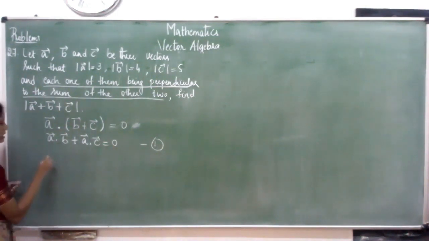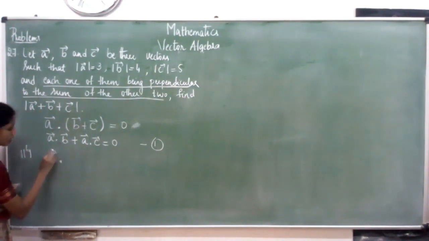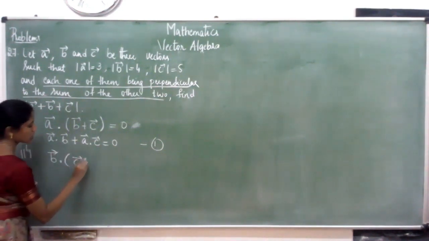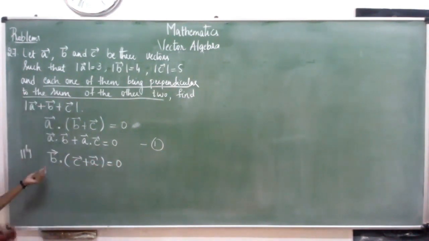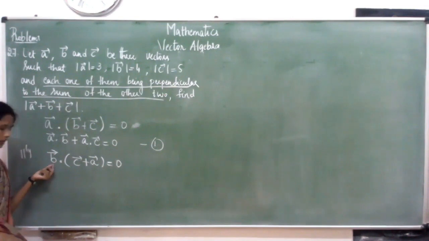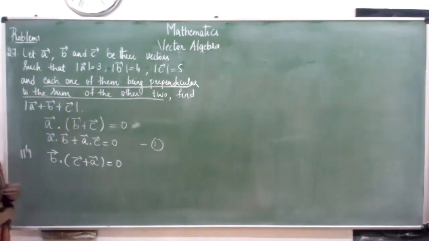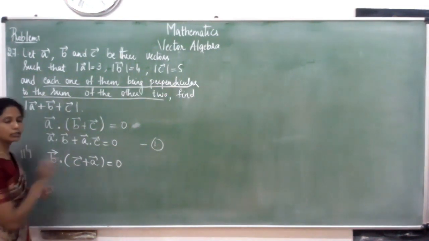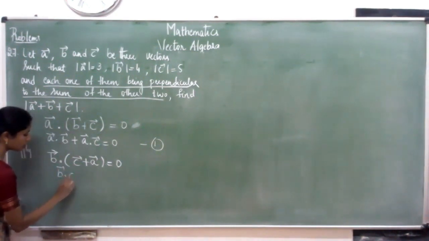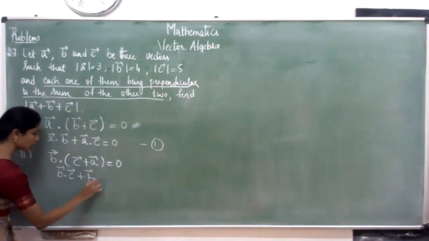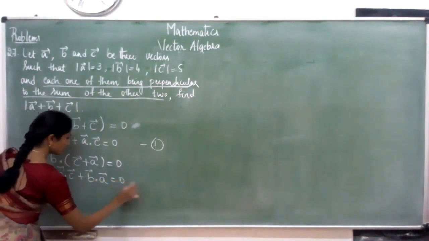Next, similarly, we can write vector B dot, vector C plus vector A, is equal to 0. Again, now I have taken vector B, which is perpendicular to the sum of the other two. The remaining 2 are C and A. So here also we can write vector B dot vector C plus vector B dot vector A is equal to 0.